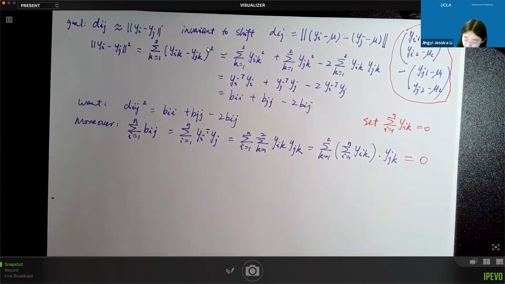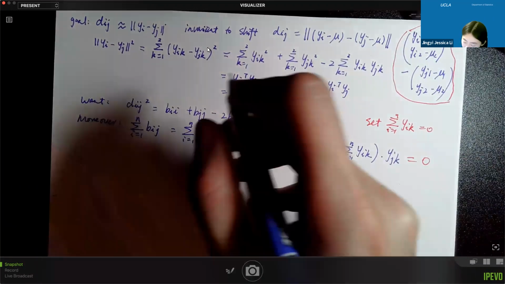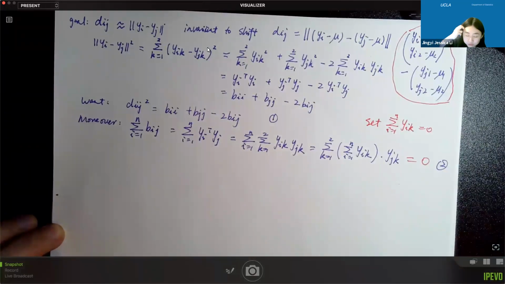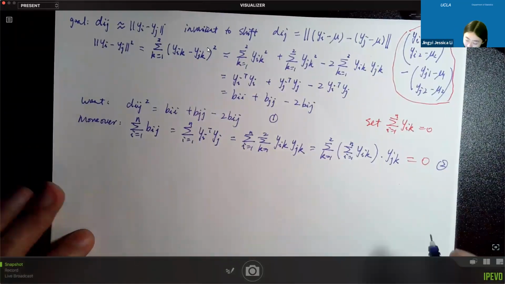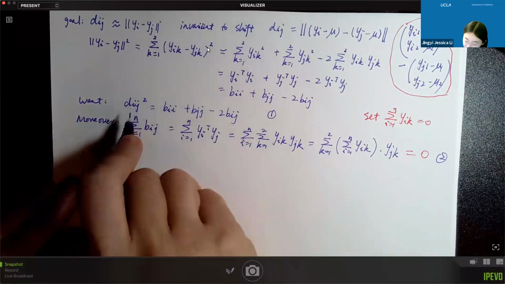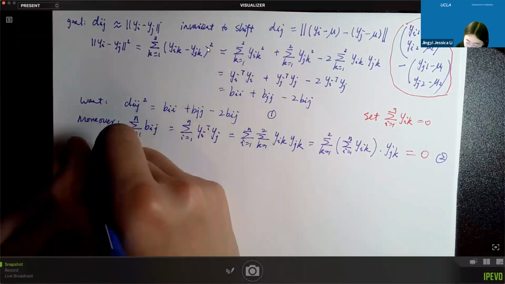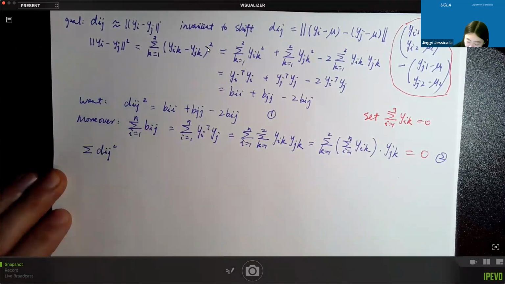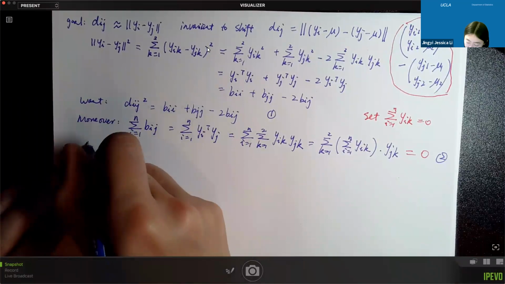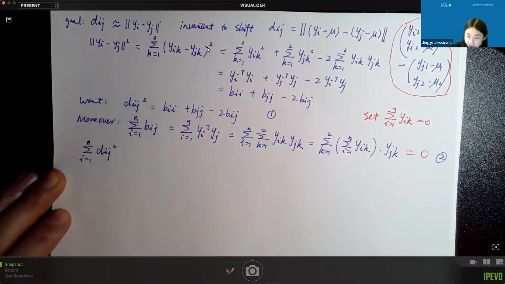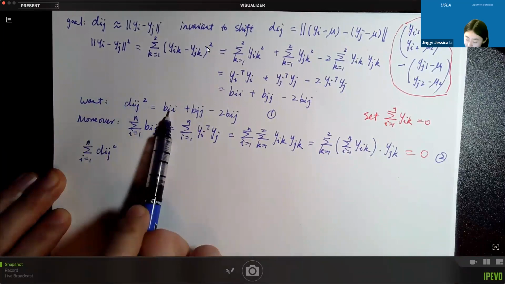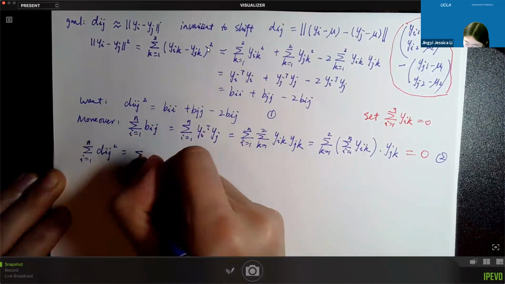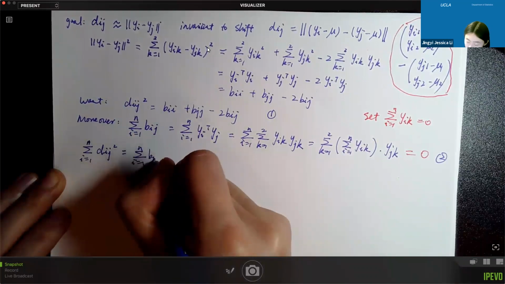Based on this relationship, what I can have for the third thing is that if I take the summation of D_ij squared over i from 1 to n, then what I would do is take the sum for B_ii.